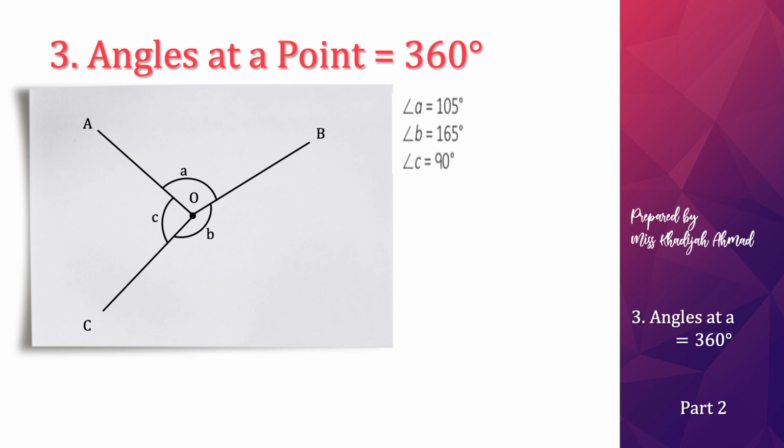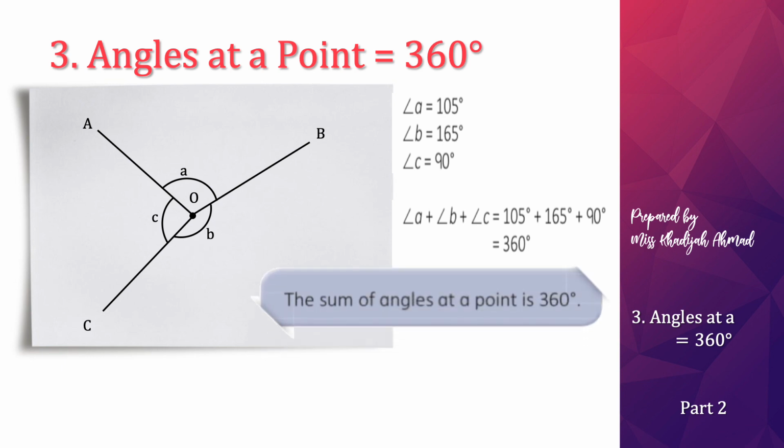You add your angles A, B, and C. In my case, that would be 105 degrees plus 165 degrees plus 90 degrees. And yes, indeed, it is equal to 360 degrees. So here we conclude that any angles that meet at one point will add up to 360 degrees.